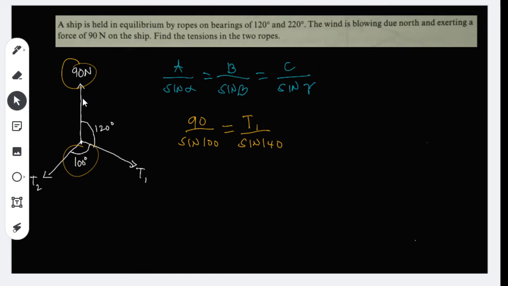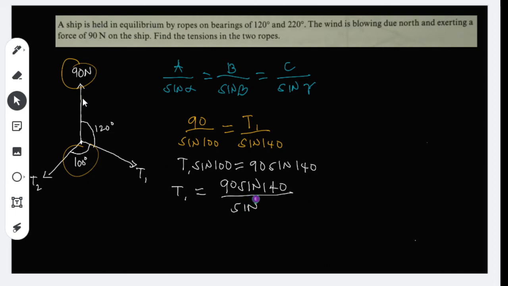Now, let's do cross multiplication. That will be T sub 1 sine 100 is equal to 90 sine 140. Therefore, to solve for T sub 1, we have 90 sine 140 all over sine 100. Now, let's use the calculator.